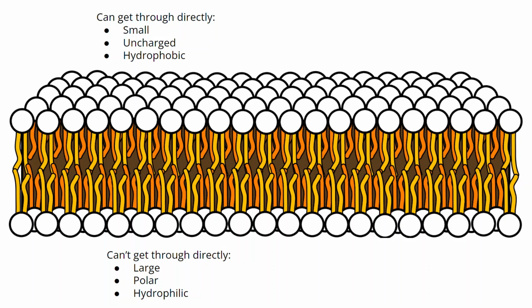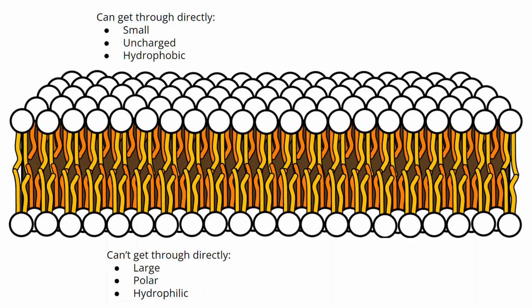So these include your big carbohydrates, like glucose, which won't pass through directly because it's very big and not small enough to permeate the membrane.